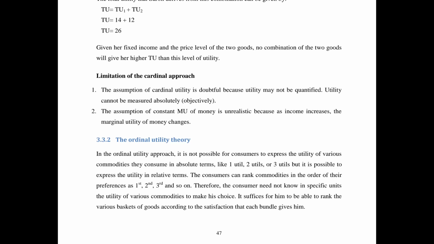Just a quick recap from the previous conversations. I showed you that consumers are always assumed to be rational. That is to say, they always aim at maximizing their level of satisfaction at whatever given point in time.